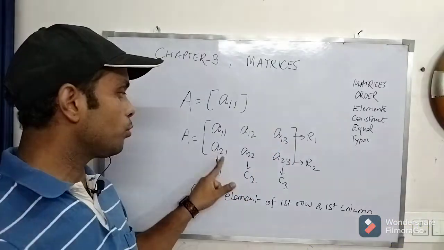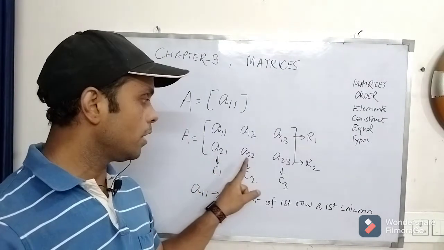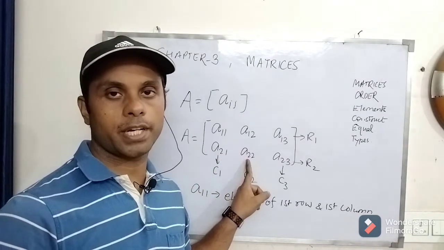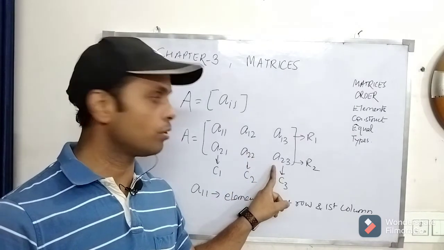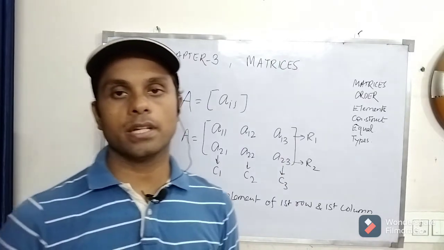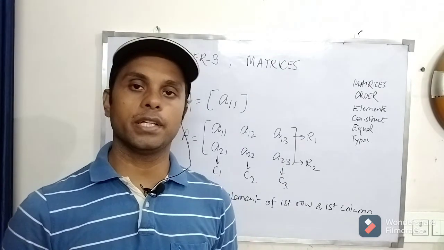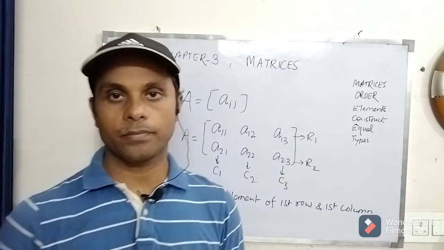Similarly, a21 is element of second row, first column. a22 is element of second row, second column, and a23 is element of second row and third column. So a matrix is basically arrangement of elements in the form of rows and columns, right? Okay.